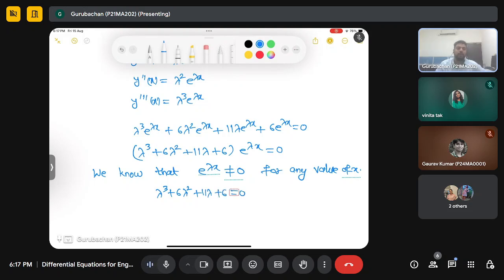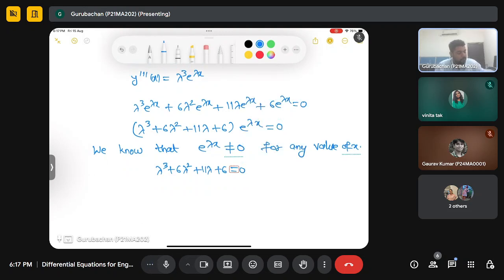Now we have to find its roots. Clearly lambda equal to -1 will satisfy this equation, so one factor will be lambda plus 1. The other factor will be a quadratic factor that we can calculate explicitly: lambda square plus 5 lambda plus 6.